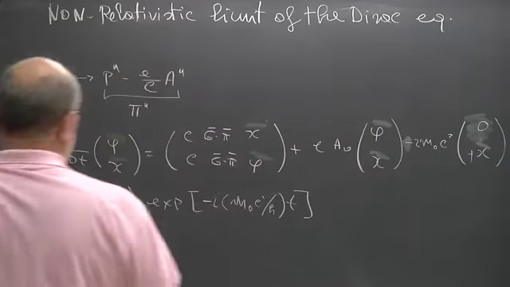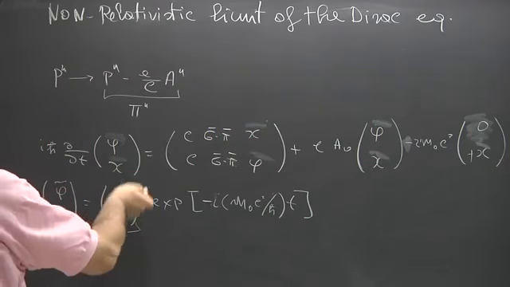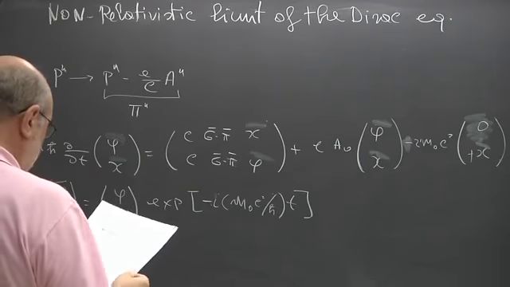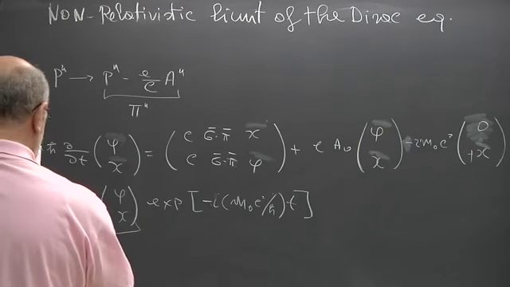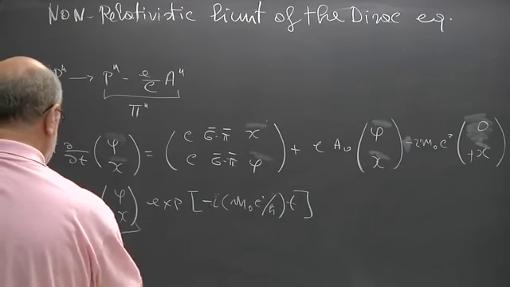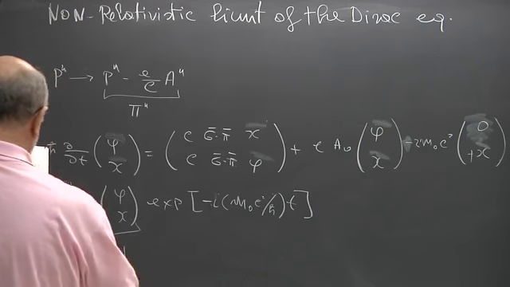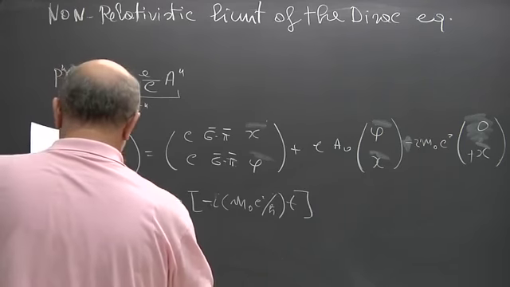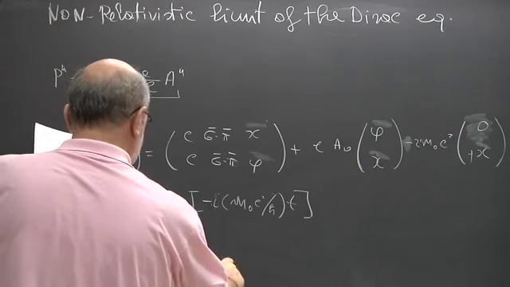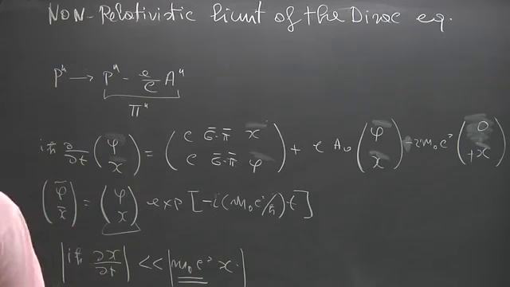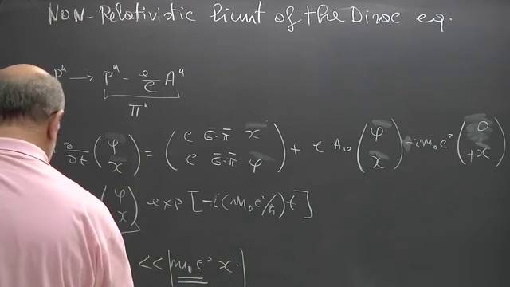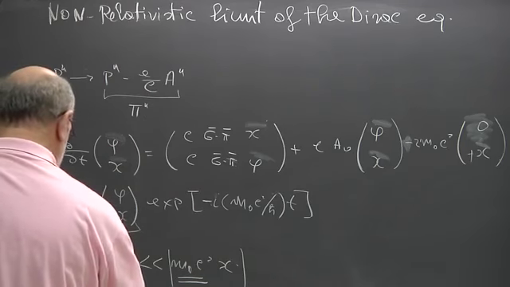Now, as this object here carries only the kinetic energy, and we are in the non-relativistic limit, we can assume that d chi dt, that is basically the energy, is much less than the mass energy, the energy carried by the mass of the particle, and the same for the potential energy, A0 chi.